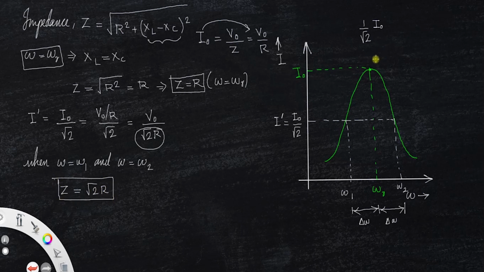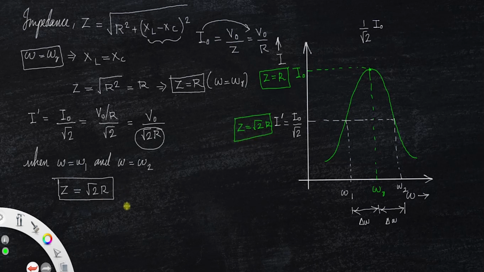Here the impedance is Z. At this point Z is equal to R, and here the impedance Z is equal to root 2 R.